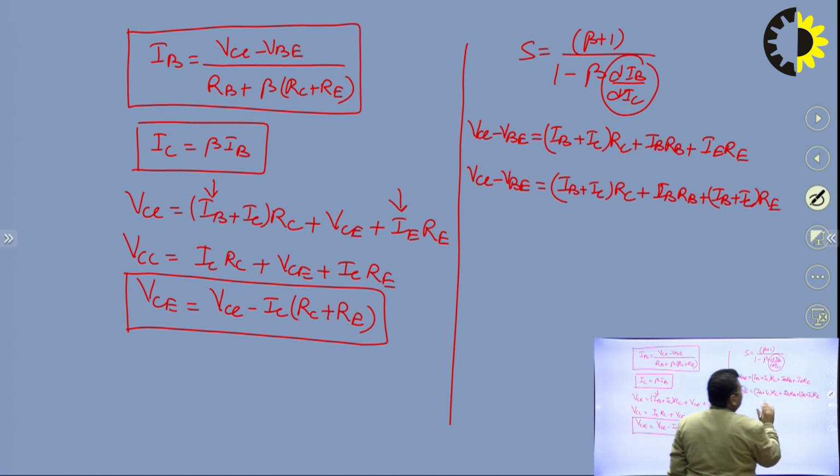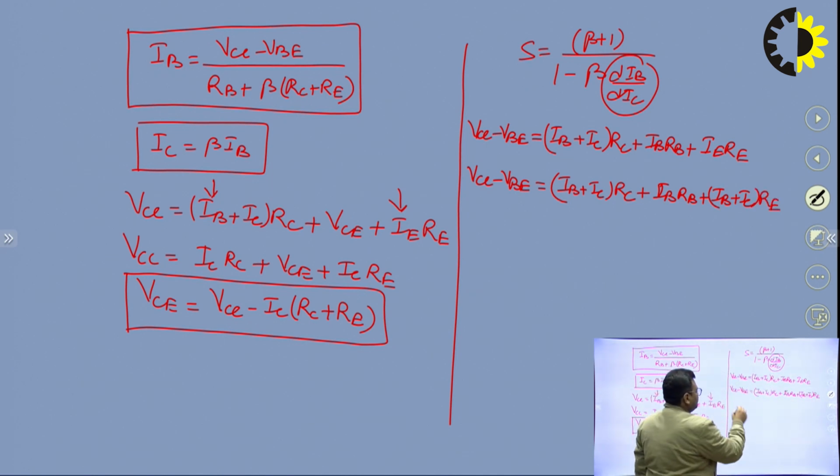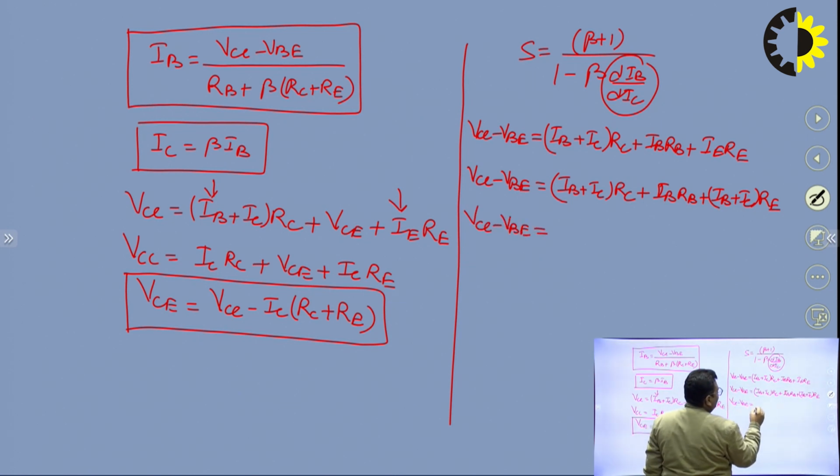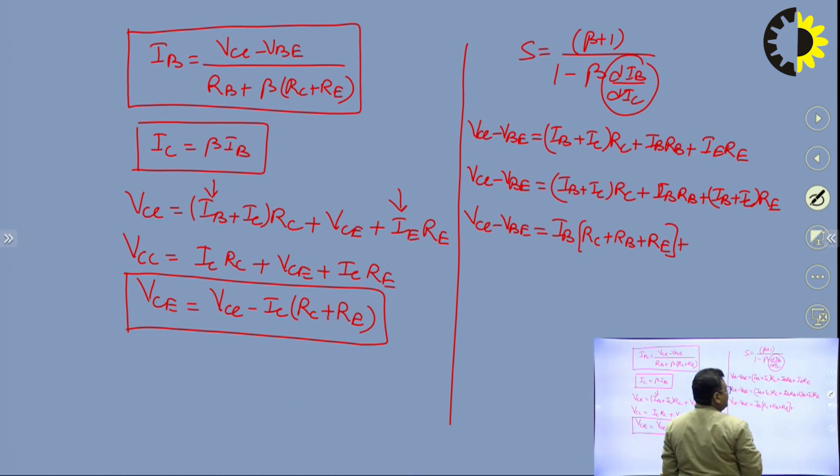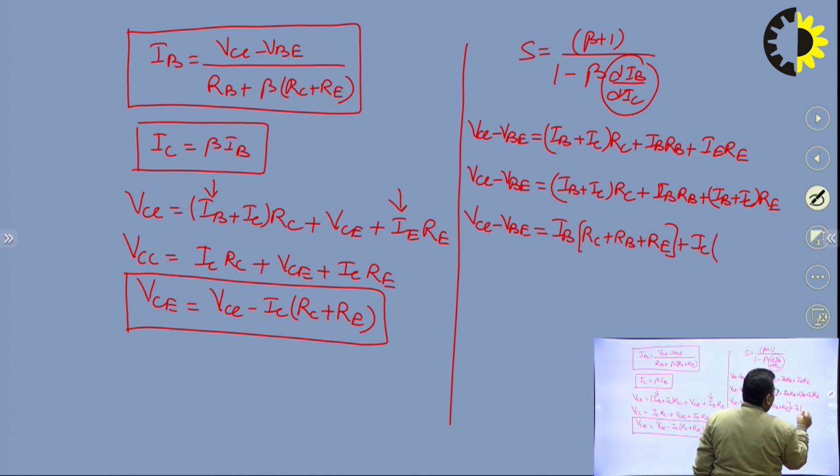Now if we separate out the IB and IC terms, this equation can be written as VCC minus VBE is equal to IB times (RC plus RB plus RE), and if I take IC common, then it will be (RC plus RE). Right.